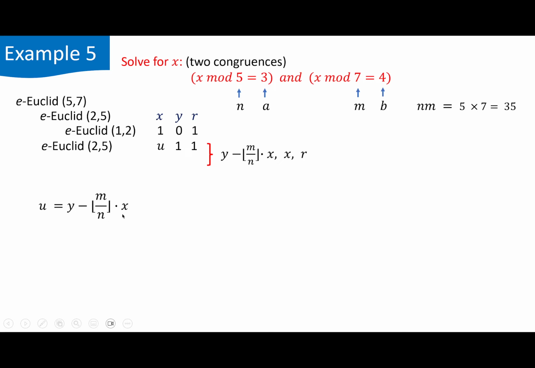So let's substitute. Y is 0. We're looking at the row before it, okay? Y is 0 minus, m is 5 and n is 2, so 5 divided by 2 times 1.